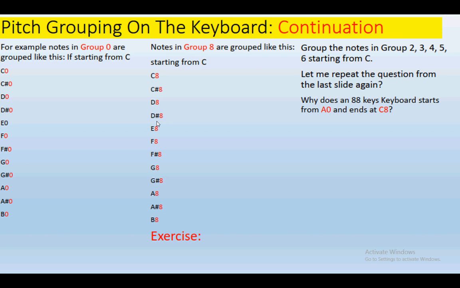To the question, why does an 88-key keyboard start from A0 and end at C8? Well, for me, if we analyze things, when you press the A0 on the 88-key keyboard, it's like a rumble.